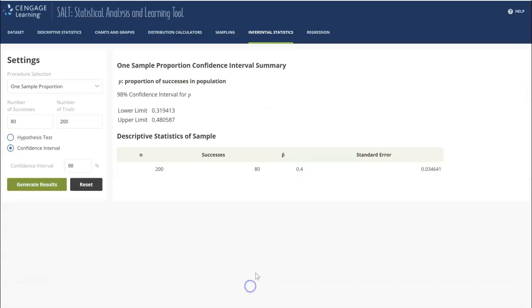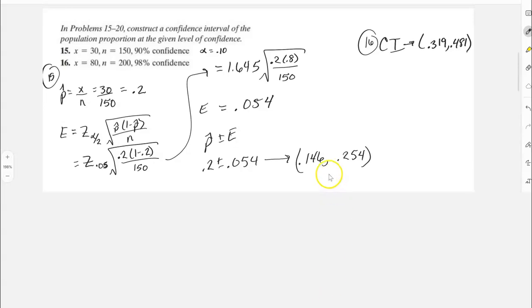Just double check that. So if we wanted to know p hat, we could take upper plus lower divided by 2. We're going to get 0.4.